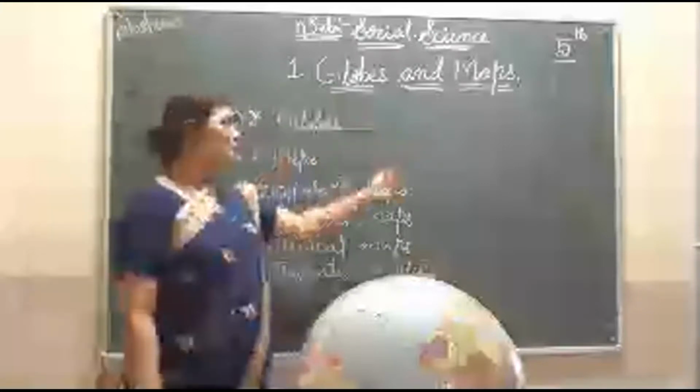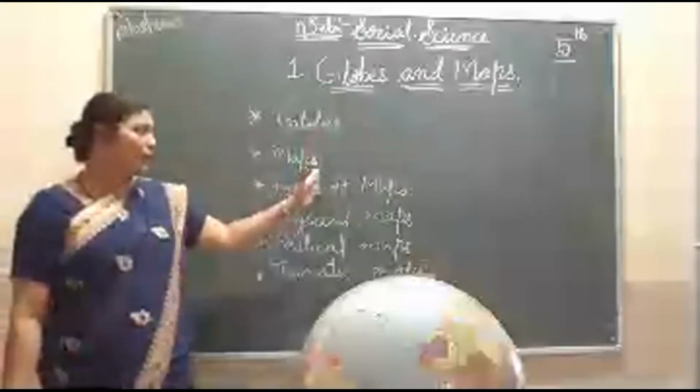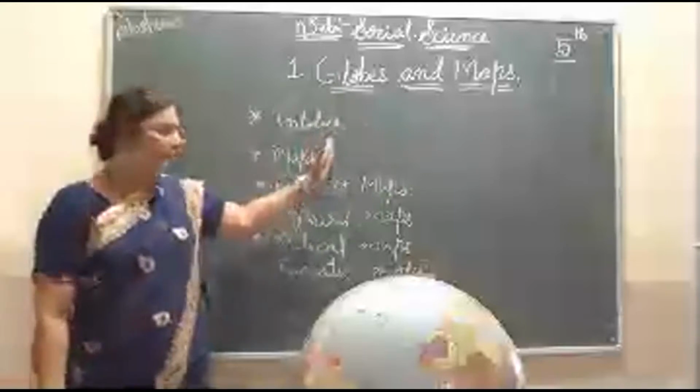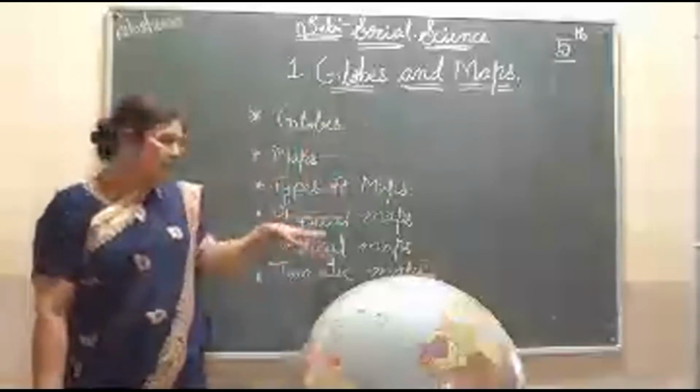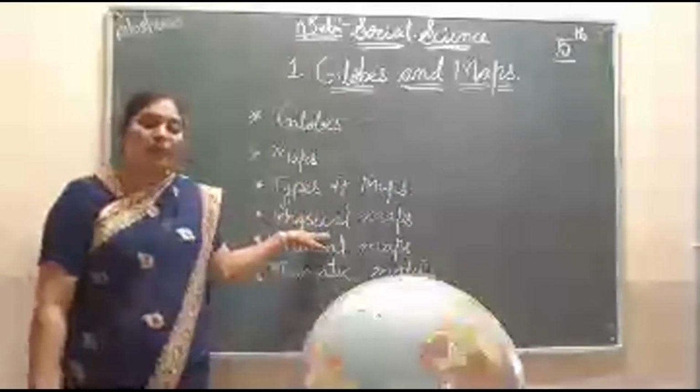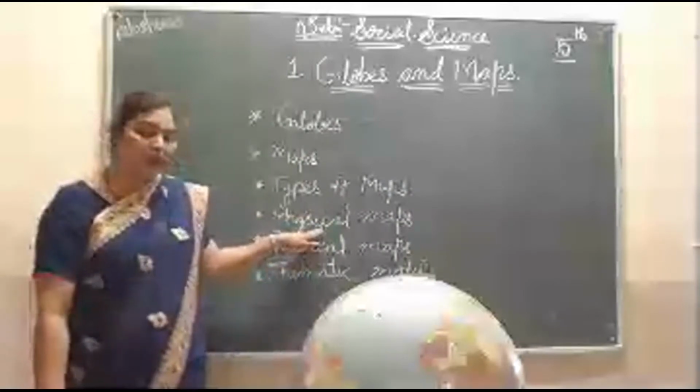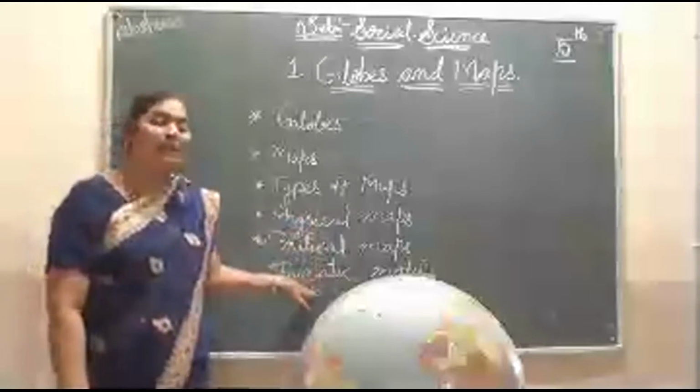In the lesson on globes and maps, I told you about the globe and the map and the difference between both. Then again, three types of maps: the physical map, the political map, and the thematic map.